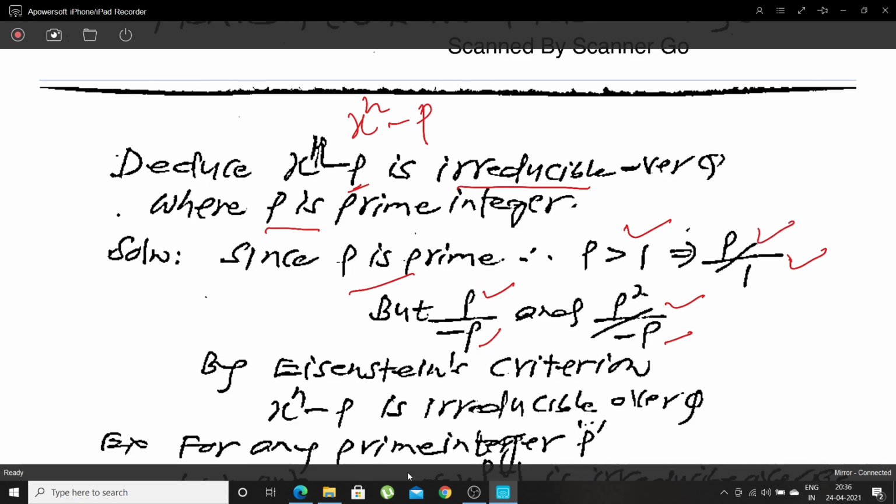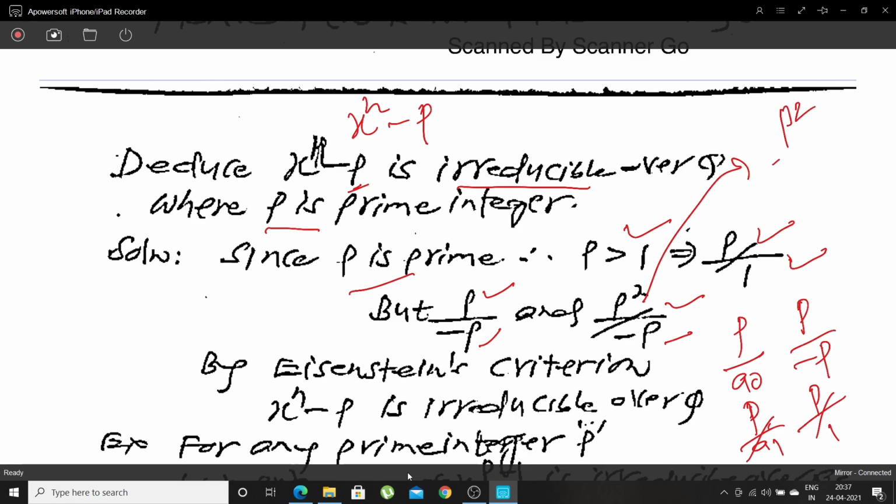That is, p divides a naught, that is minus p, and p does not divide a1. Here p does not divide 1, and p square does not divide a naught.